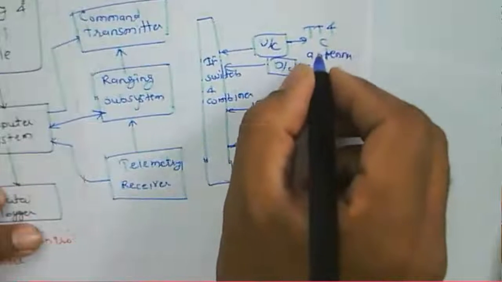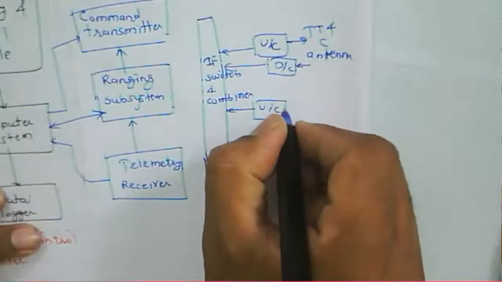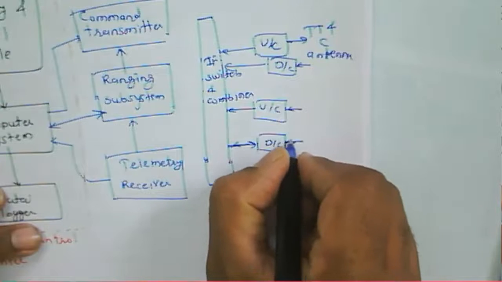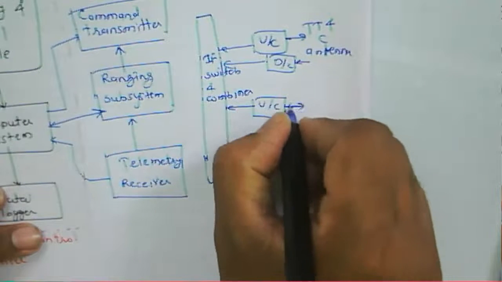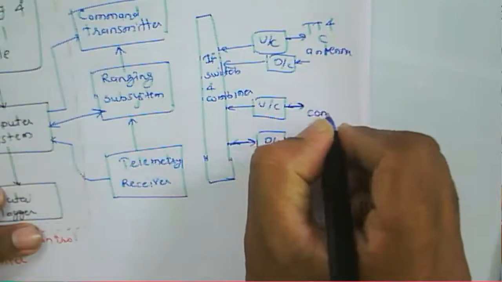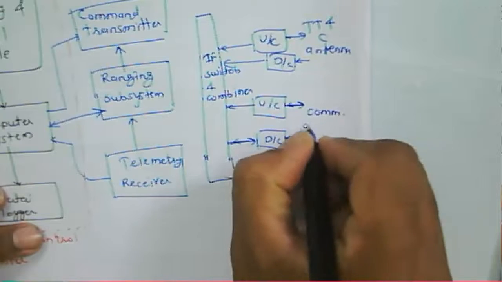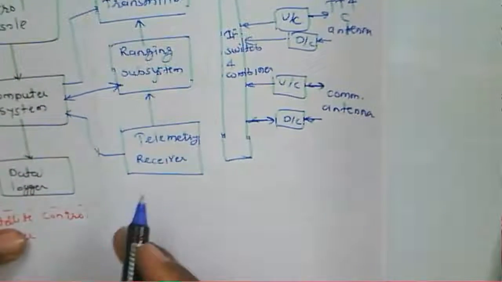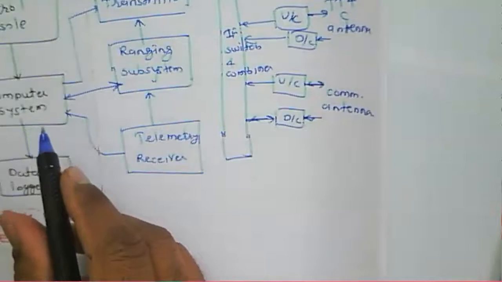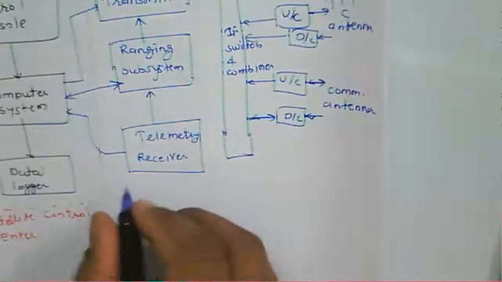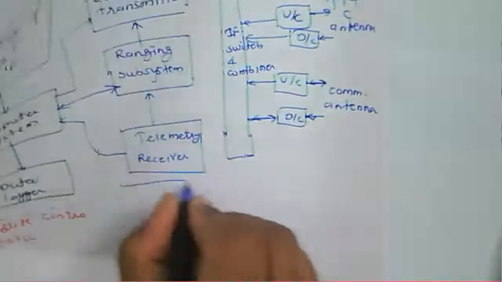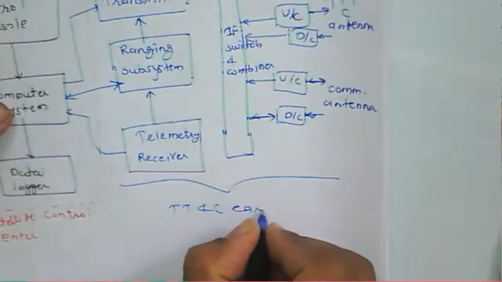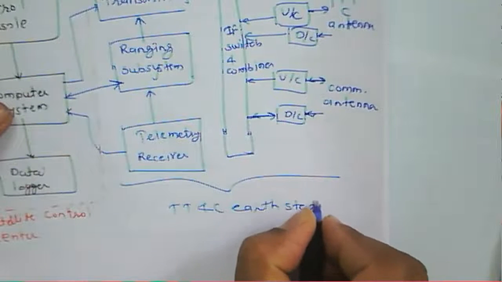Okay, telemetry, traffic and control antenna. And we have the down converter here, uplink converter direction here. That is about a communication antenna. So this is the overall component of TTC and Earth station.